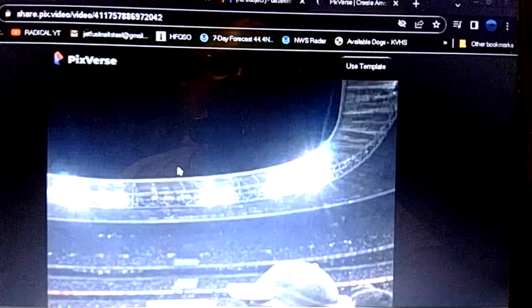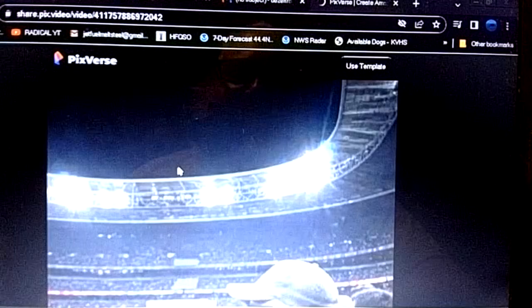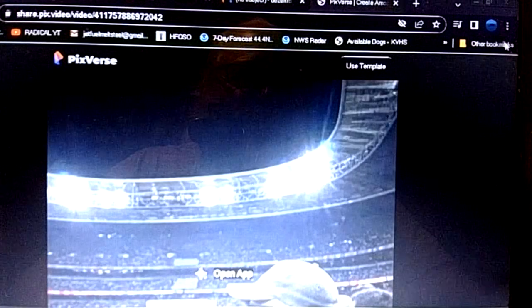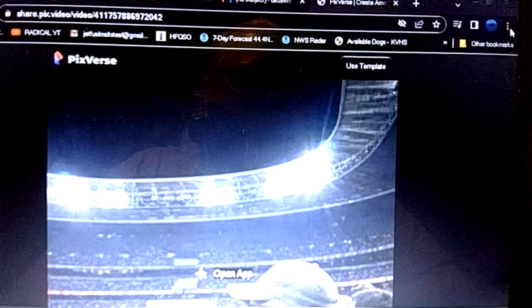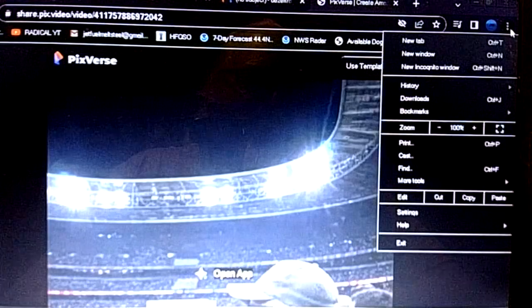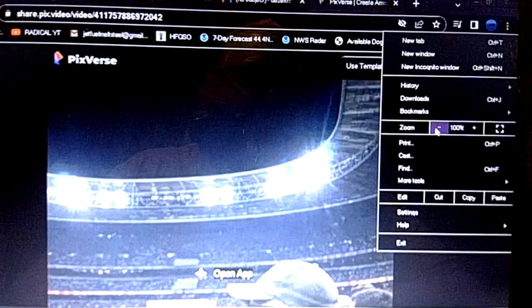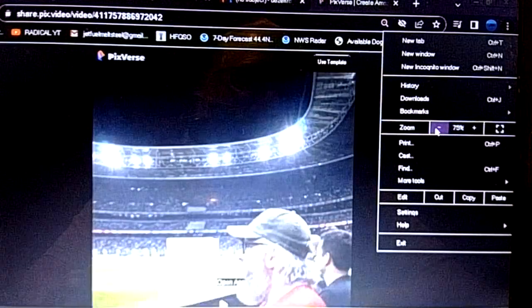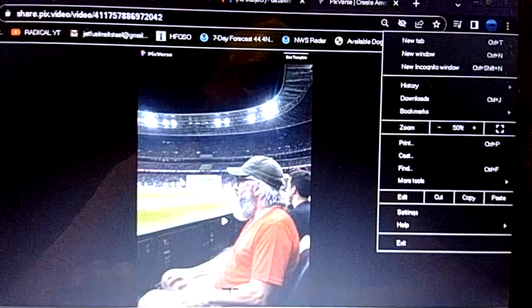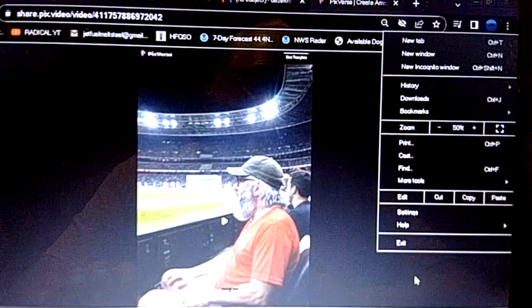Watch. This was a good one too. This was when the World Cup was playing. Oh, okay. It's gonna make it a little smaller. She did a real nice job. I slimmed down by 40 pounds there.